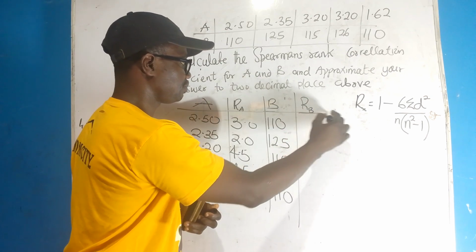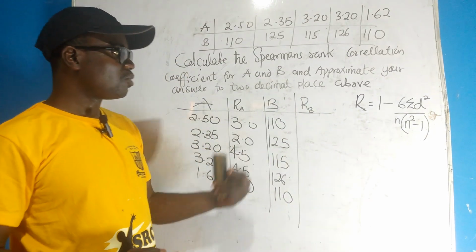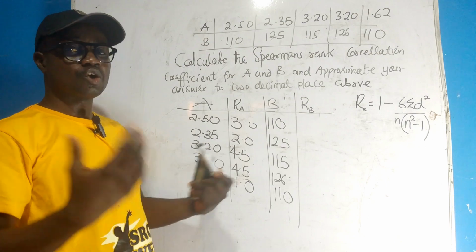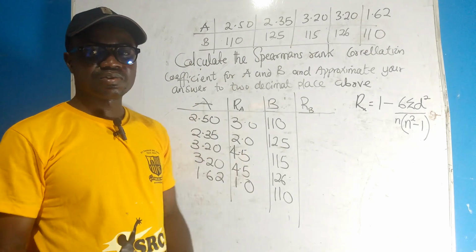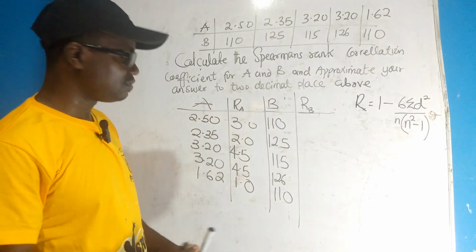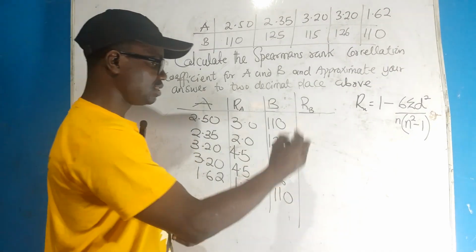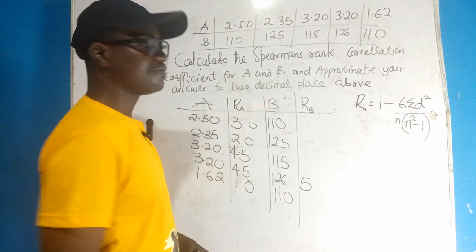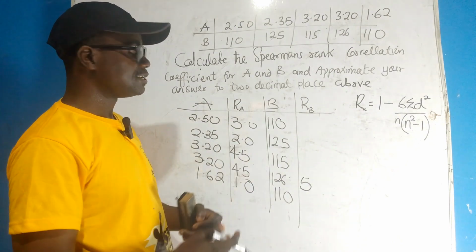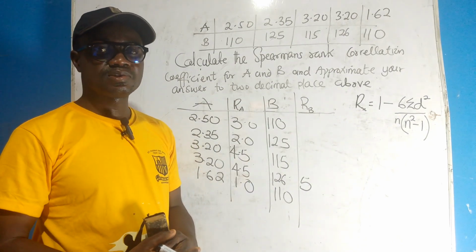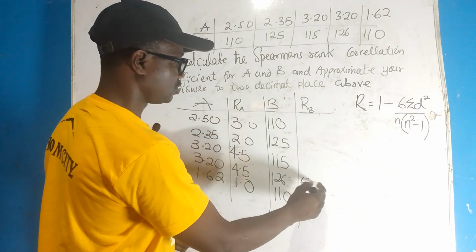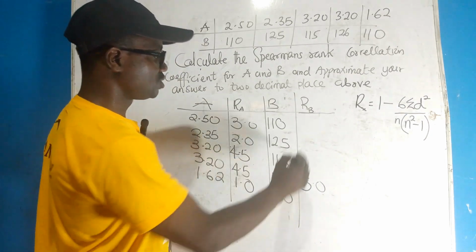Ranking of B. We are going to have from the top, the highest. And the highest value here is the 126. So it takes number 5. And then the next one is 4 position, which is 126.